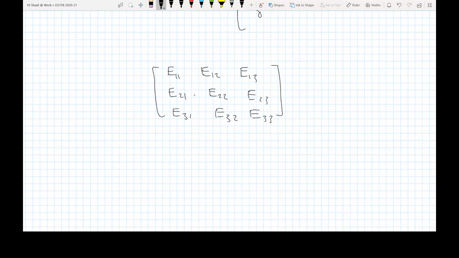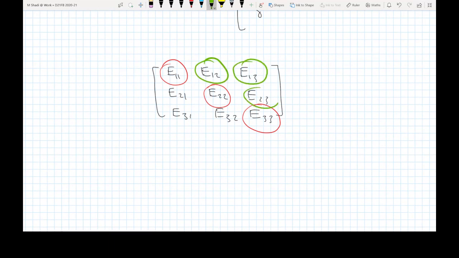So let us start from this strain tensor. We call these guys here normal strains, and we call these guys here shear strains. I think you probably expect that, just similar to the stresses.